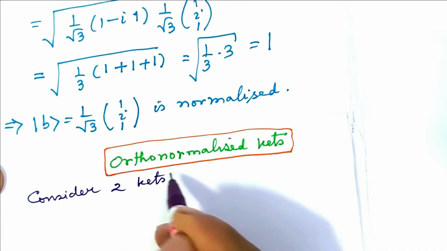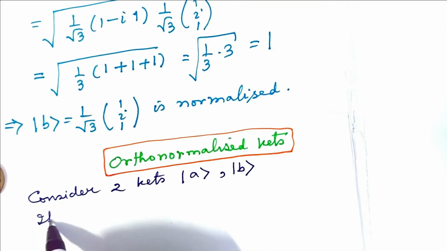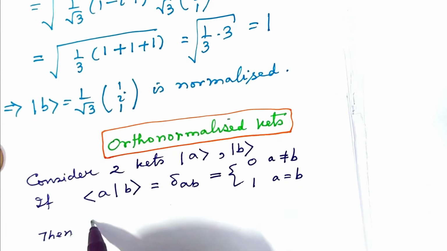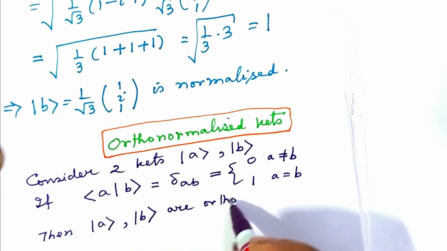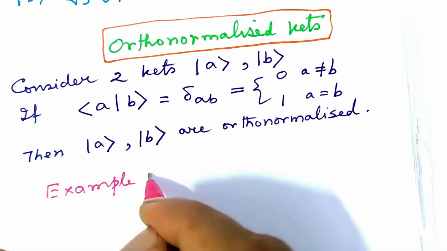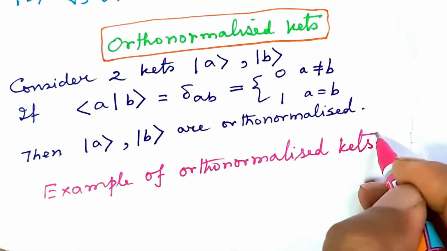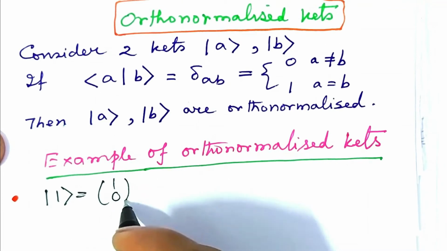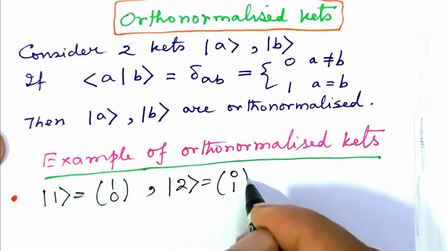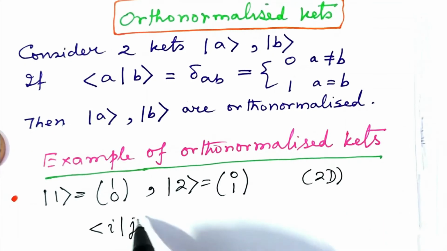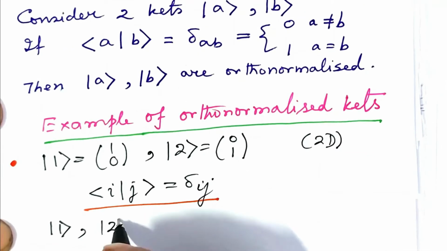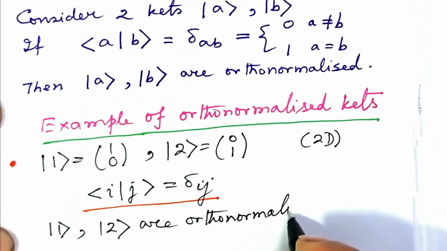Consider two kets, ket A and ket B. If bra A ket B equals Kronecker delta AB, then ket A and ket B are orthonormalized. Let us give an example of orthonormalized kets. For ket 1 equal to 1 0 and ket 2 equal to 0 1, the bra i ket j equals Kronecker delta ij, then ket 1 and ket 2 are orthonormalized.